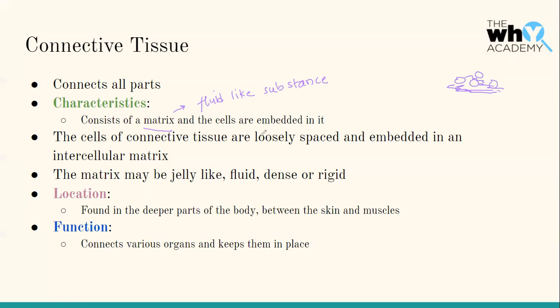The cells of the connective tissues are loosely spaced. Loosely spaced means they will have intercellular spaces. And embedded in an intercellular matrix, like I showed you here. This is what embedded means.